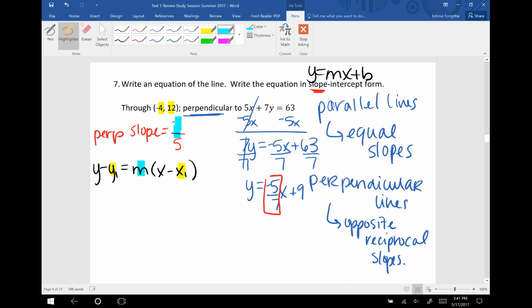We can use the slope that we now know, and we can get our equation of the line that we want to write that goes through -4, 12, and it's perpendicular to this equation. So let's plug in our values. We have y minus 12 equals 7/5 times x minus -4.